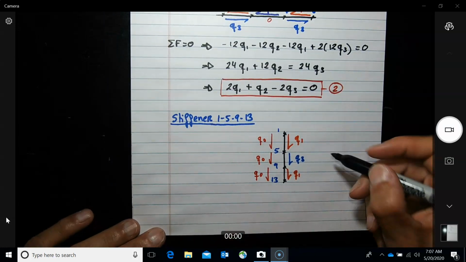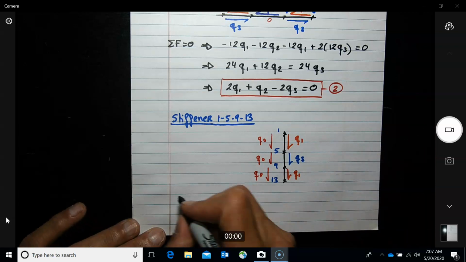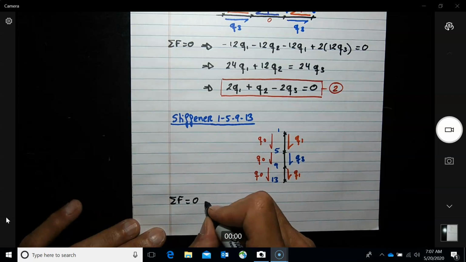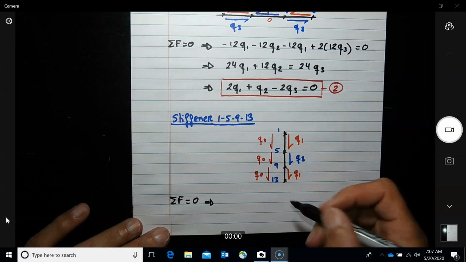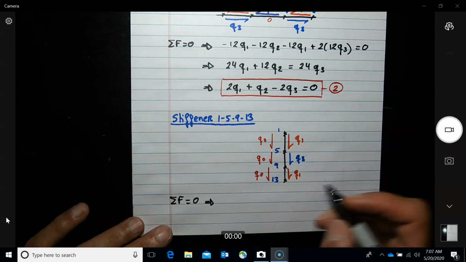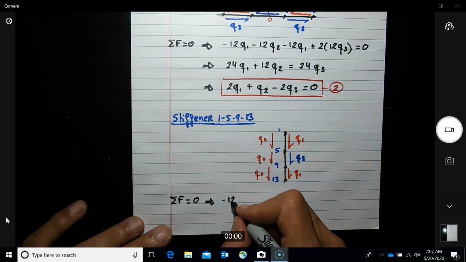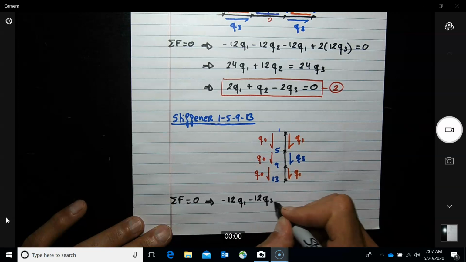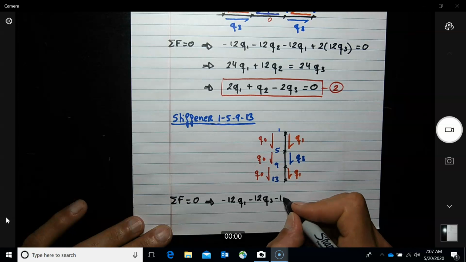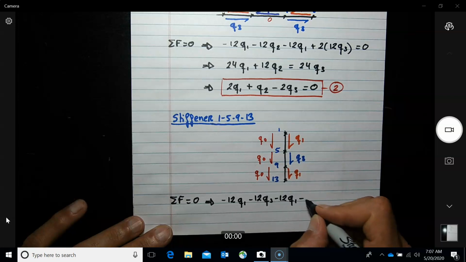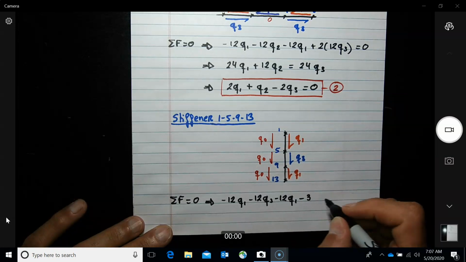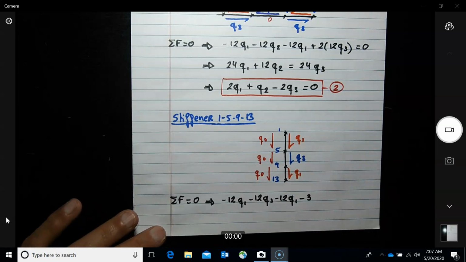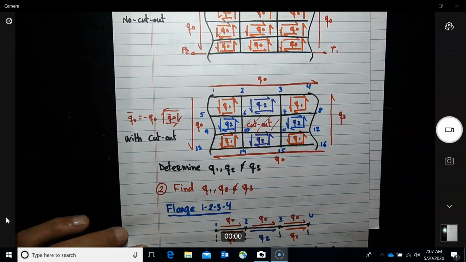Okay, so now let's say we do summation of forces in that direction. So what do we get? Let's do everything positive or negative, it doesn't matter. Let's do minus 12 Q1, minus 12 Q3, minus 12 Q1, minus 3 times, oops, we need to be careful here, because if I remember right, those lengths are not the same.